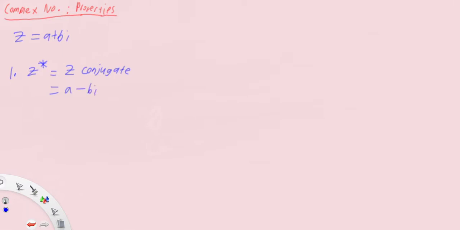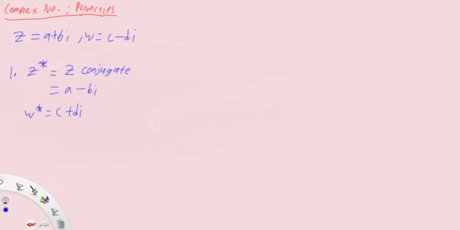So a plus bi becomes a minus bi in z conjugate. Likewise, if I have w equals c minus di, then w conjugate has the same real part and flipped imaginary part, plus di. So that is the first notation that you need to know.